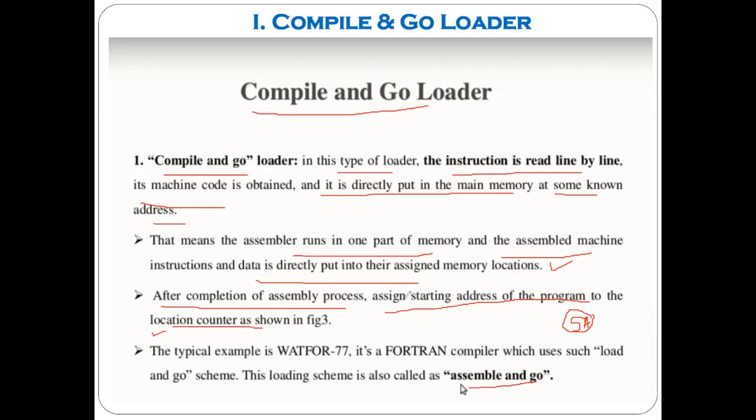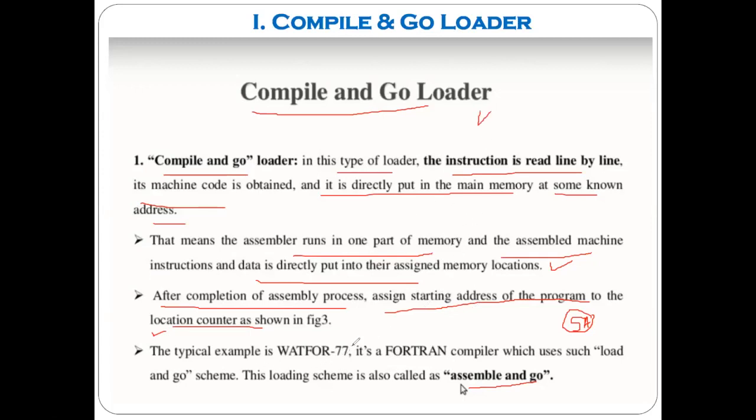So the functionality performed by this compile and go loader, which is the translator itself, is assembling the program as well as loading the program within the main memory. Both functionalities are performed by this loader.